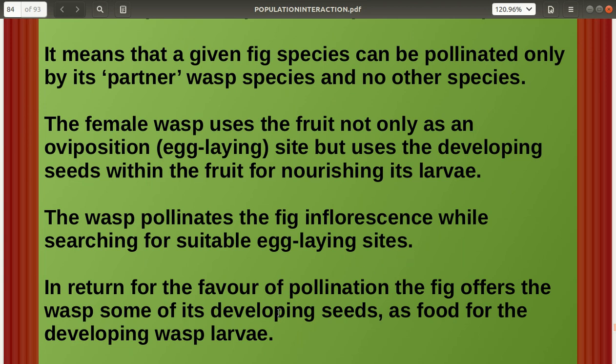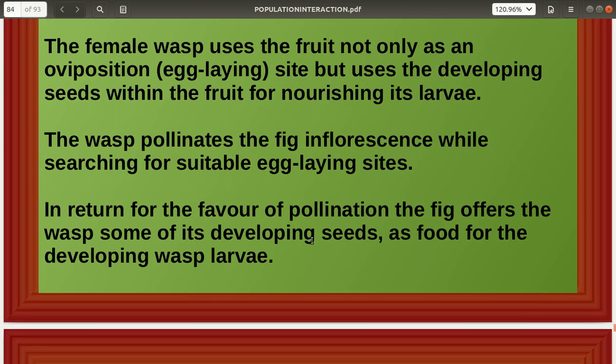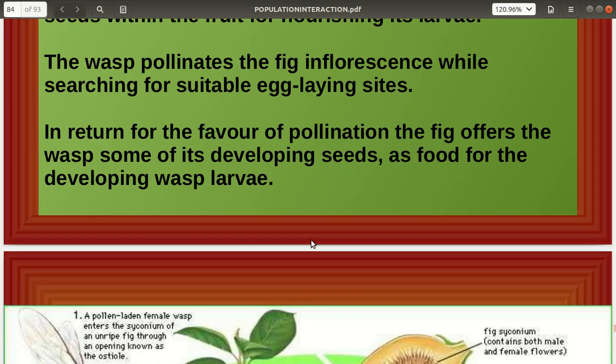In return for the favor of pollination, the fig offers the wasp some of its developing seeds. It sacrifices some of its developing seeds so that on a larger scale it has more benefit from pollination brought about by this wasp. So even though the fig loses certain seeds as food for the developing wasp, it undergoes greater pollination by this wasp within the hypanthodium inflorescence.